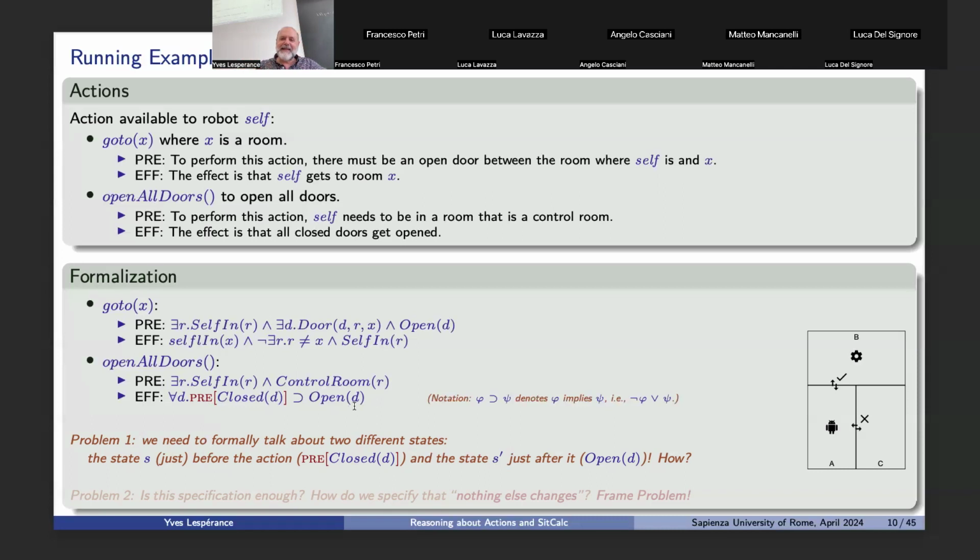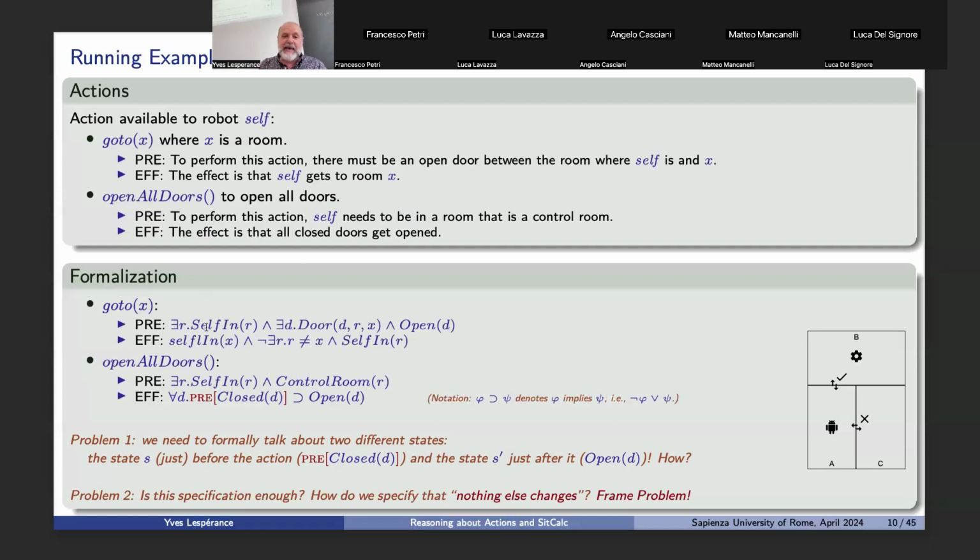But this is a bit informal. Another problem with this formalization is that you say what changes, what are the effects of doing the action? What changed when?